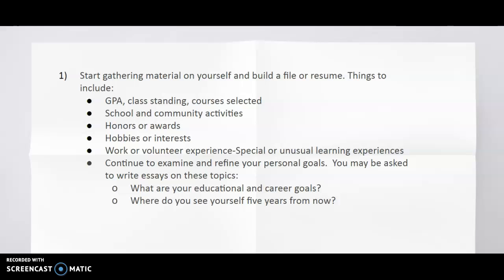If you have one or two of those, that's probably better than having a lot of things with very little dedication to them. So that's just something to consider. Same thing with work or volunteer experience, both in school and out of school.